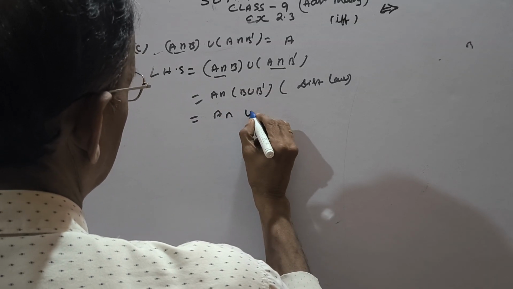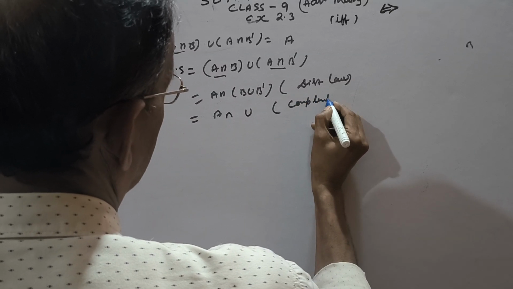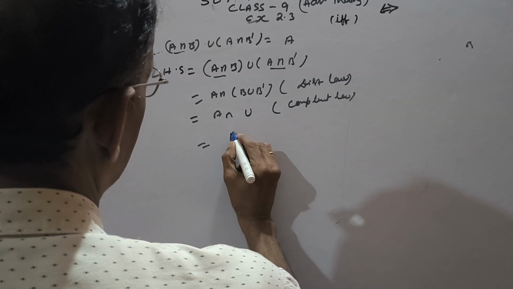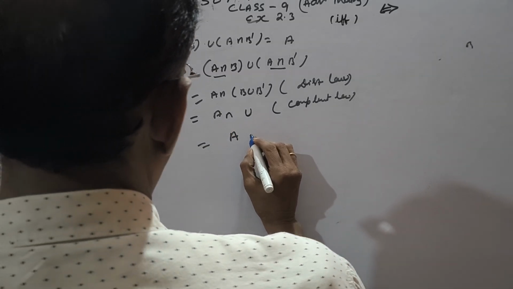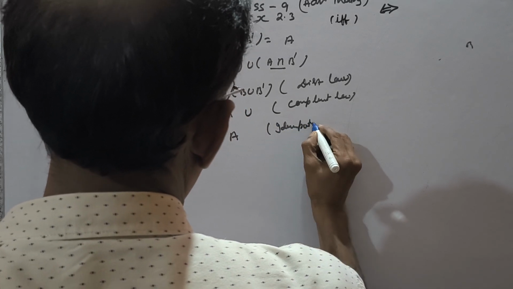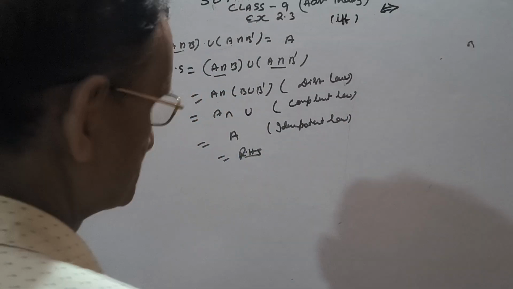B union B complement equals U. This is called complement law. And A intersection U will be A only. This is the identity law. And this is the RHS.